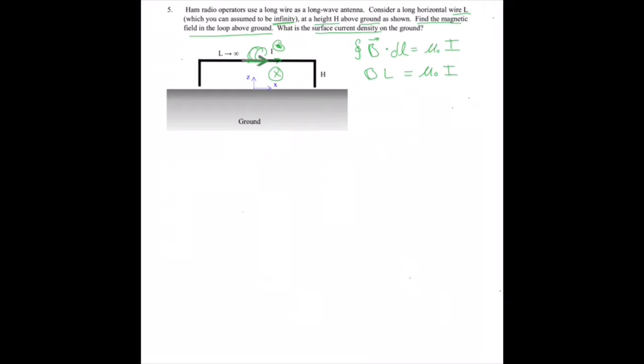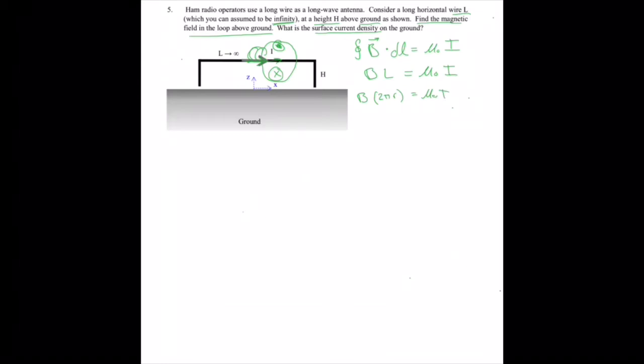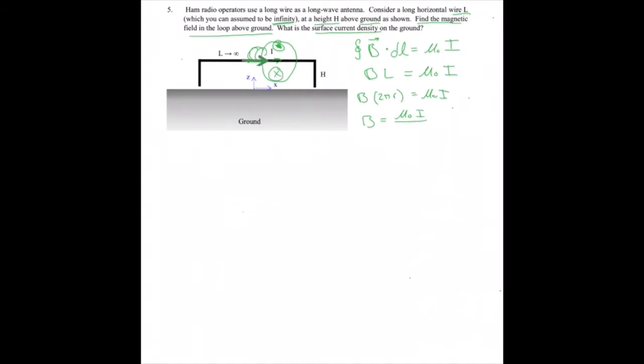Now, for the loop, we need to think of it as a circle around our wire. And when we think of a circle, we think of the perimeter, or circumference. So to simplify this expression a little more, our B is multiplied by that circumference, 2 pi r, and it's equal to mu naught I. Taking this one step further, B equals mu naught I over 2 pi r.